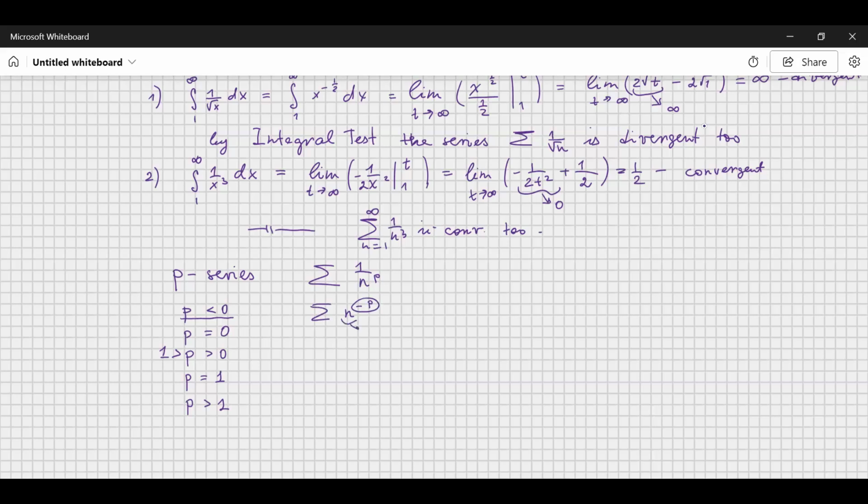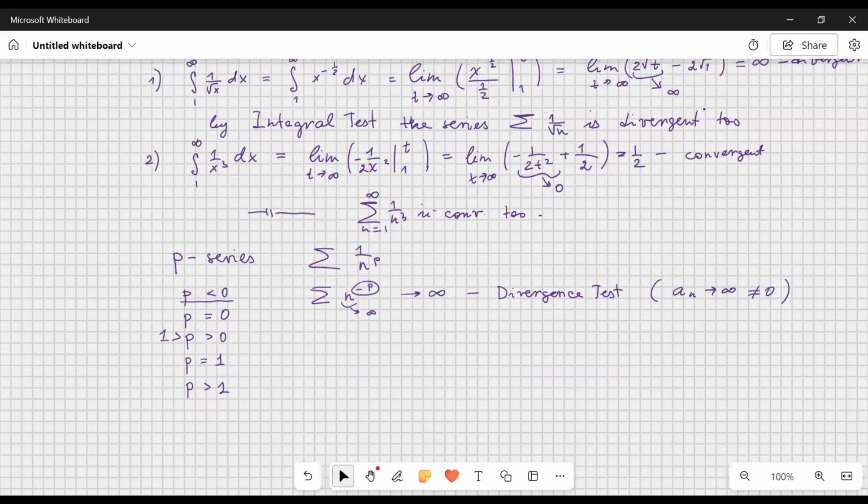When n goes to infinity, the term will not go to 0. The term goes to infinity. We're going to use the divergence test here: a_n goes to infinity, not equal to 0.